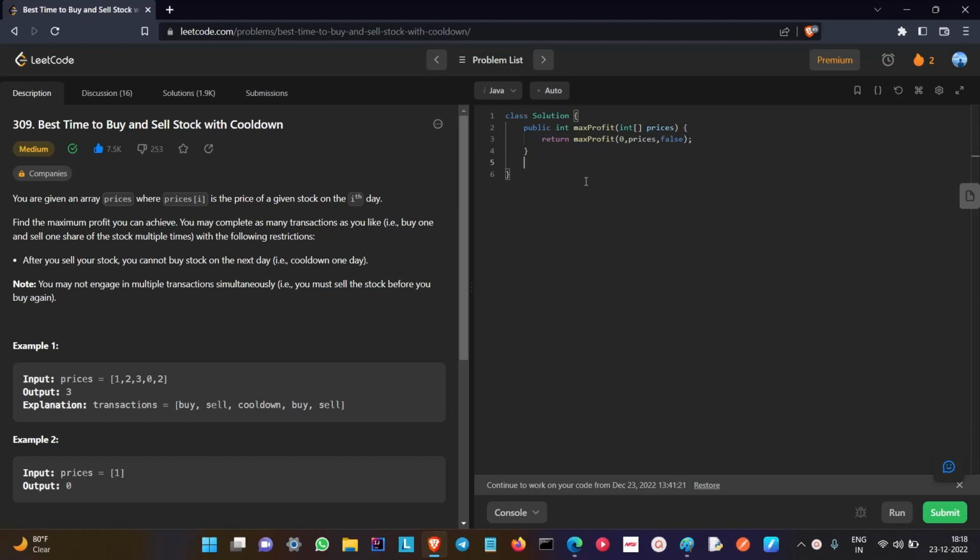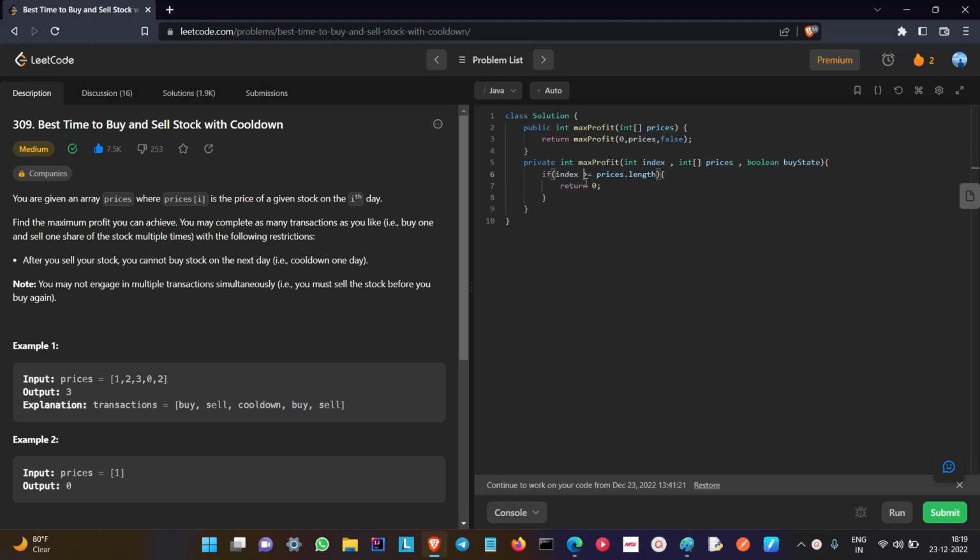I'll write the helper function which is max profit. Max profit gets the index, prices array and buy state. If we have reached the limit of index, that is, if the index is greater than or equal to prices length, which is an invalid day, we'll return 0.